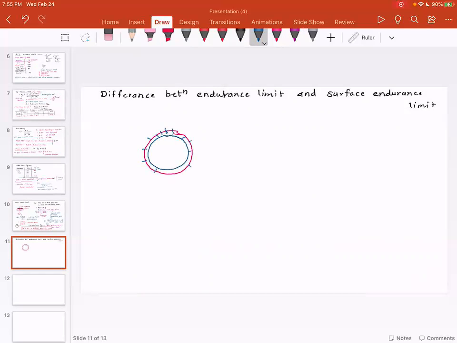So this is called carburization. Then you heat it, and then you actually perform a heat treatment. Now what happens because of the heat treatment? The surface hardness is higher than the local hardness. So this is case hardened.